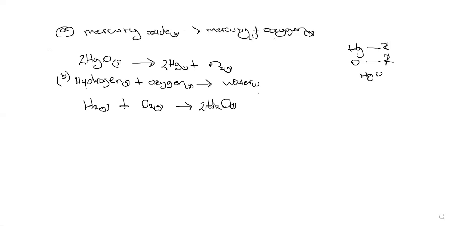When we add the 2 here, it's going to affect the hydrogen. So here we have 4 hydrogen, 2 times 2 is 4. Then even here we are supposed to have 4, so we'll add a 2 there as well. Then the equation is balanced. So that's how you balance a chemical equation.